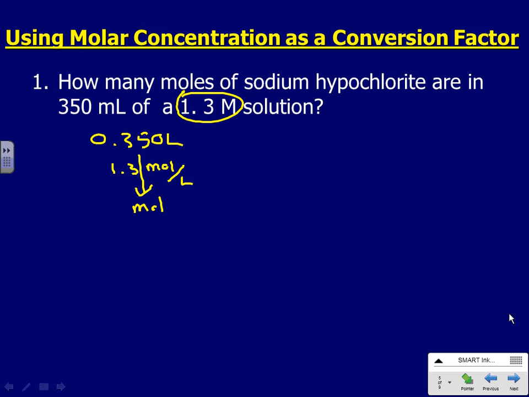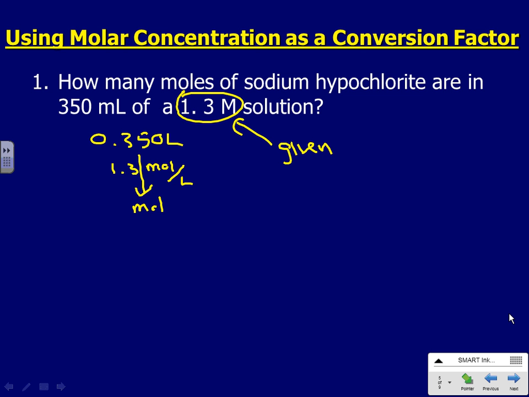The conversion factor itself must be given. It has to be given in the question. The person who determines the conversion factor involved in solutions is the chemist that made the solution itself. Depending on how much he put into that solution determines its concentration. And so I can have all kinds of different concentrations of sodium hypochlorite solution depending on how the chemist made it.